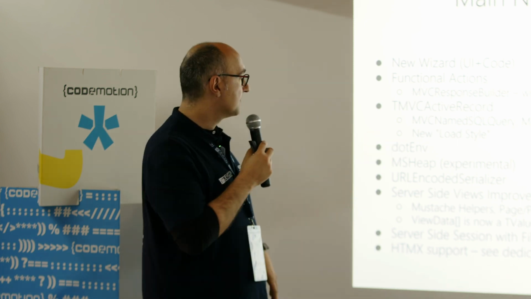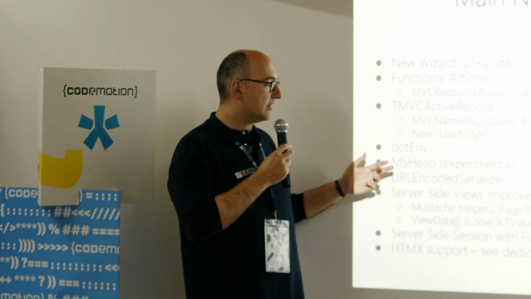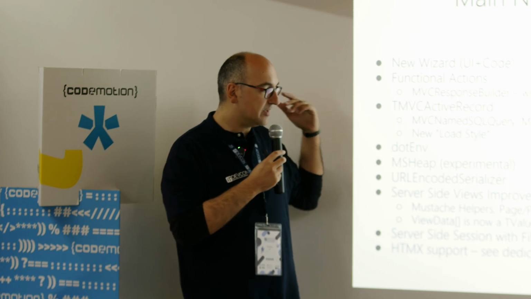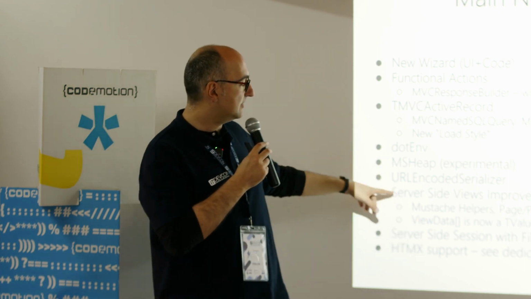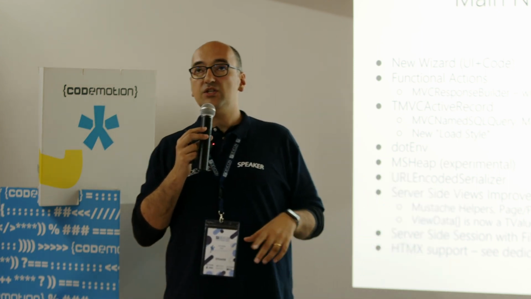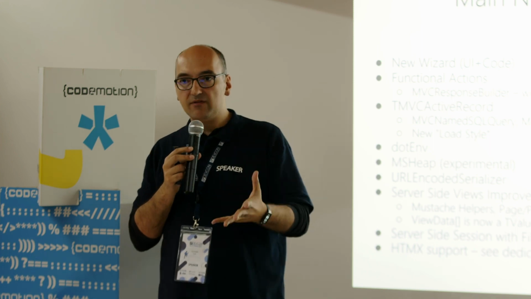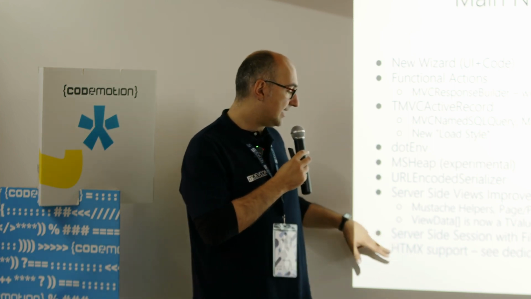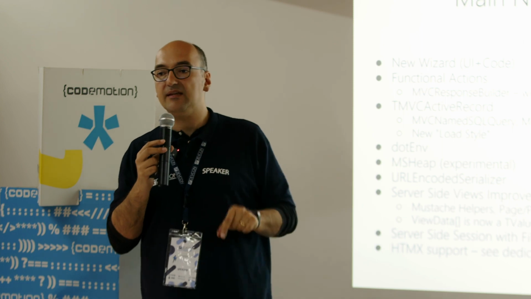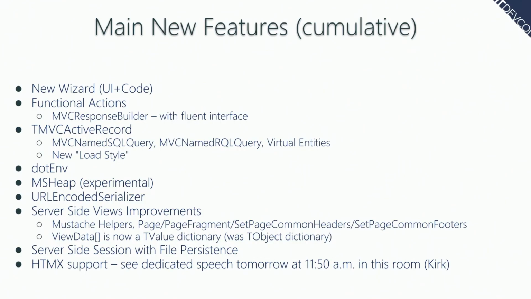We'll do some tests. Then we'll talk about the URL encoder serializer and all the improvements regarding server-side views, which are more or less driven by the HTMX support built into the product.